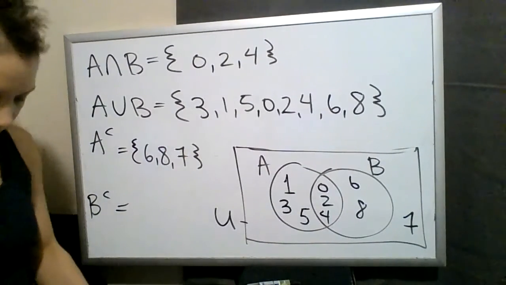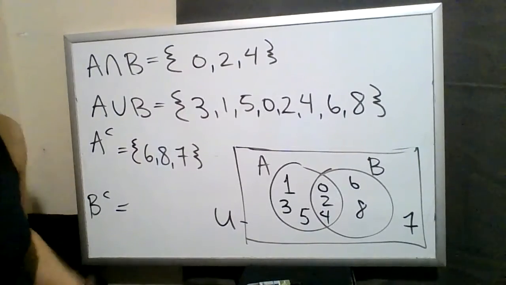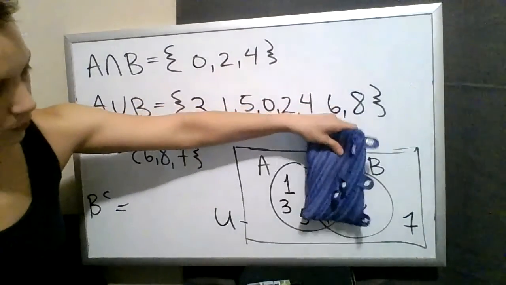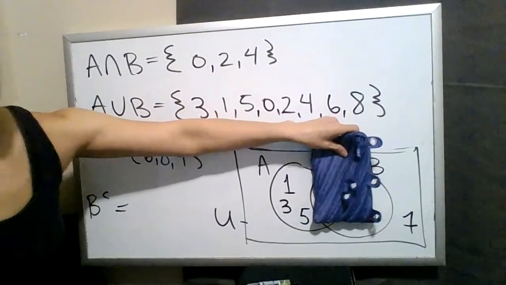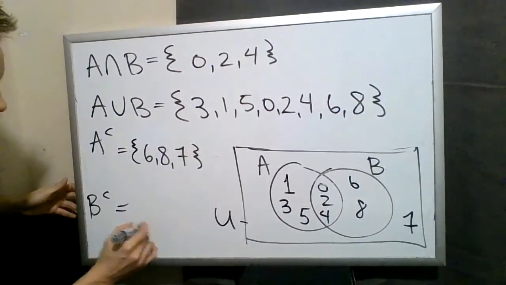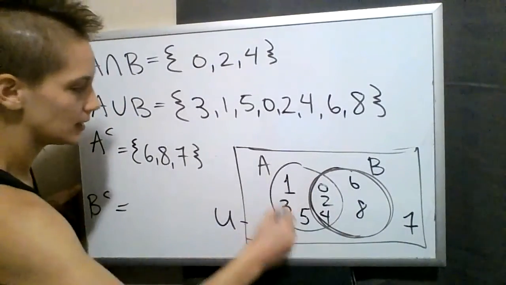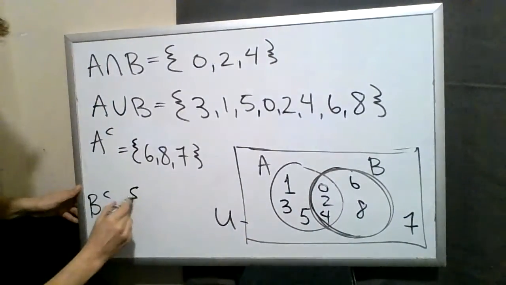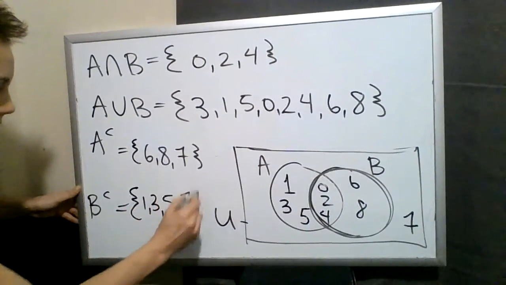For the complement of B, we want to hide set B, which leaves 1, 3, 5, 7. Outside of this set, the set that contains 1 and 3, 5 and 7.